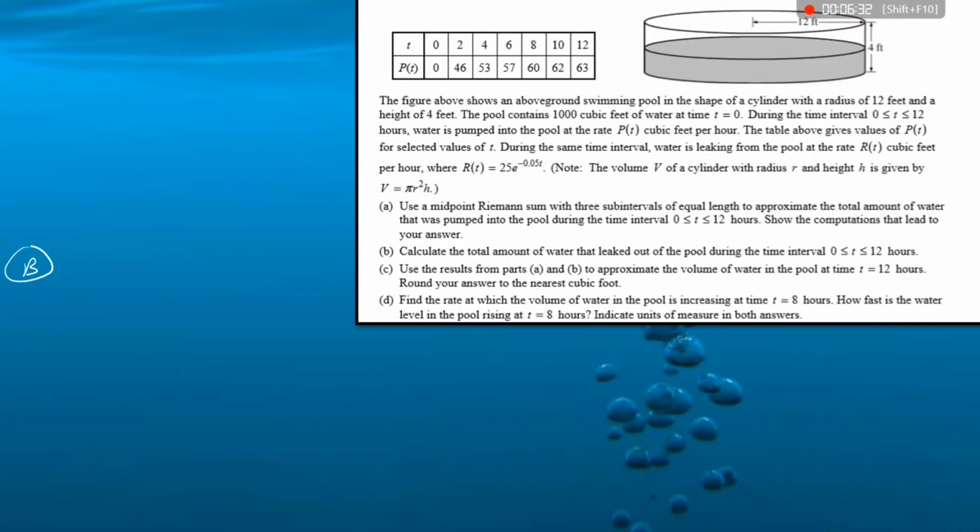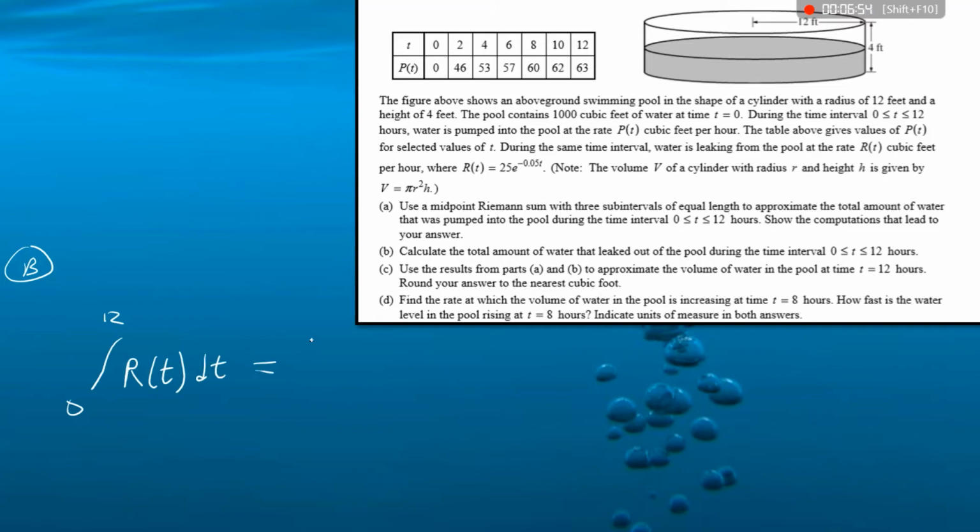So that's integration from 0 to 12 of R(t) dt, and then we use the calculator.